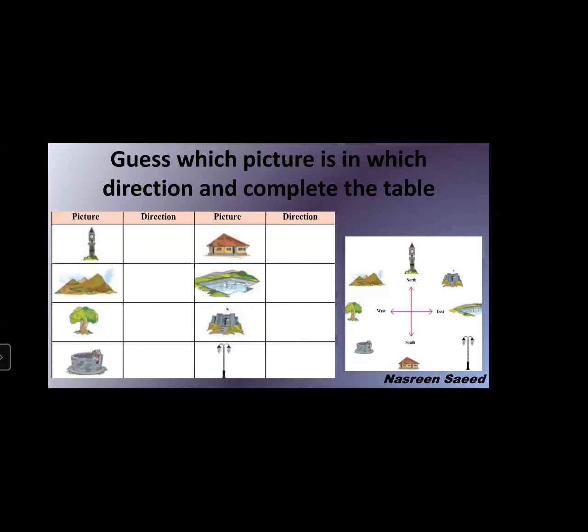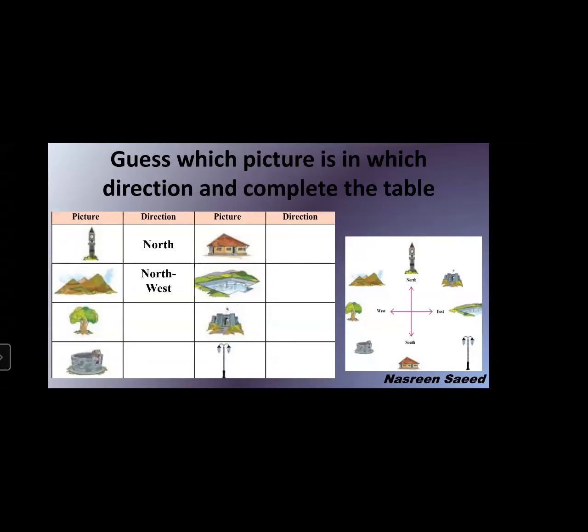So how are we going to fill this? Let us see. The tower is in the north, so we write north. Now where is the mountain? The mountain is in between north and west, so the direction will be northwest, because it is neither fully north nor fully west.